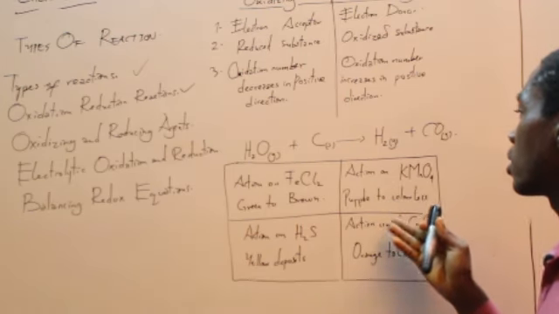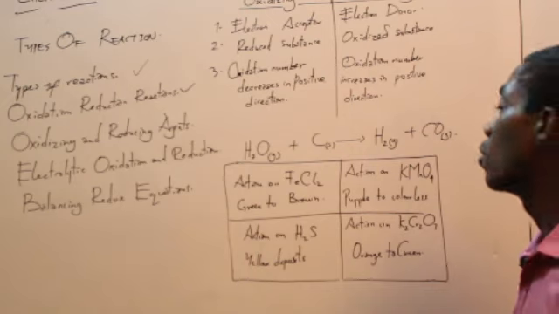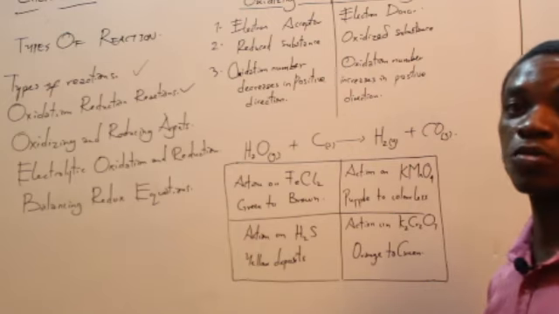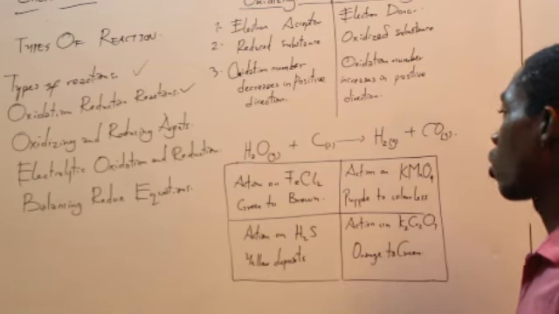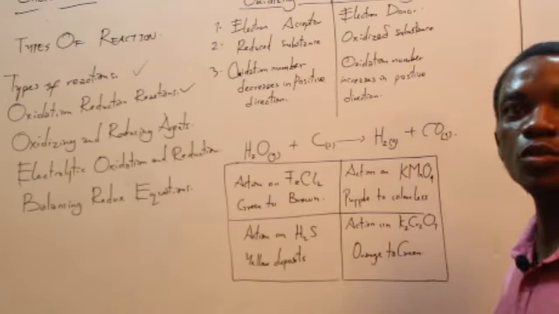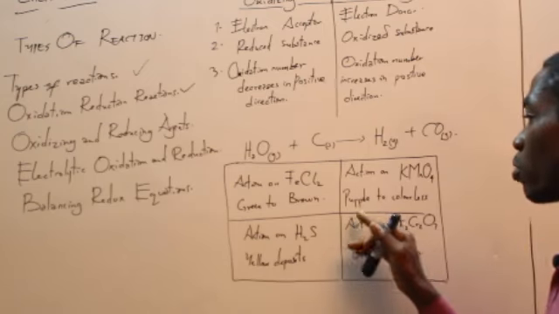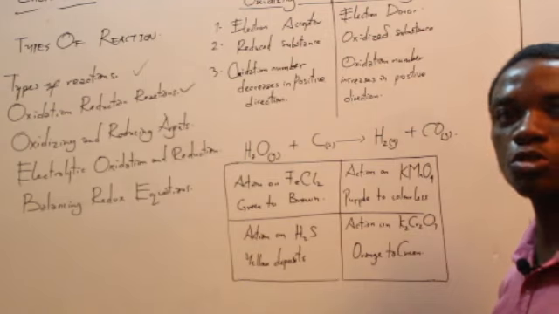potassium manganate, which is also known as potassium tetraoxomanganate 7, has a purple coloration when you pass a reducing agent through it.